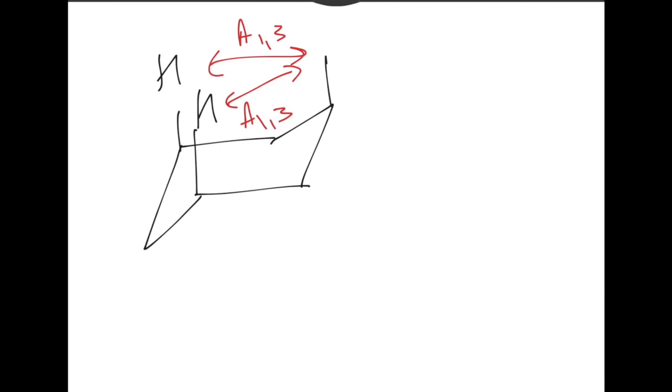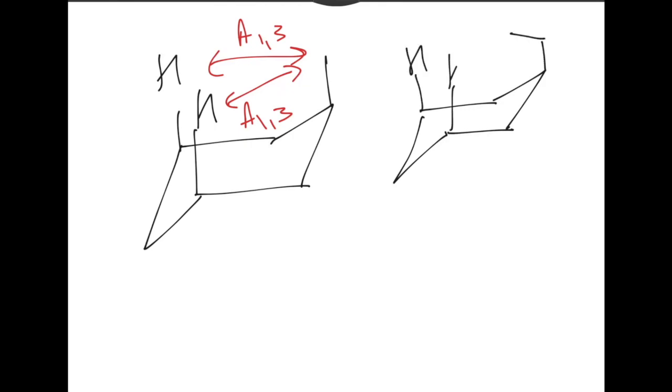So as your groups get bigger, those A13 interactions increase. So methyl, you're pretty far away from the hydrogens. If you go to ethyl, your A13 interactions are stronger because the methyl group at the end of the ethyl kind of points over the ring and gets closer to those hydrogens.